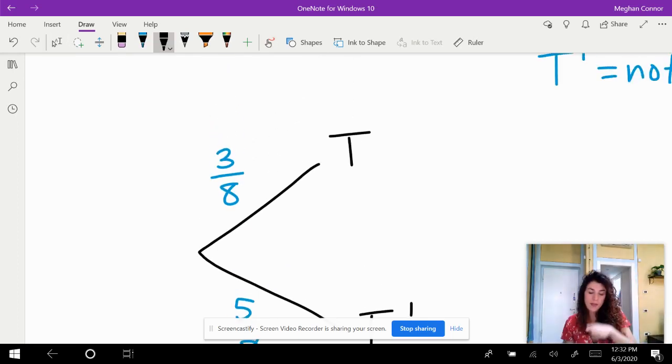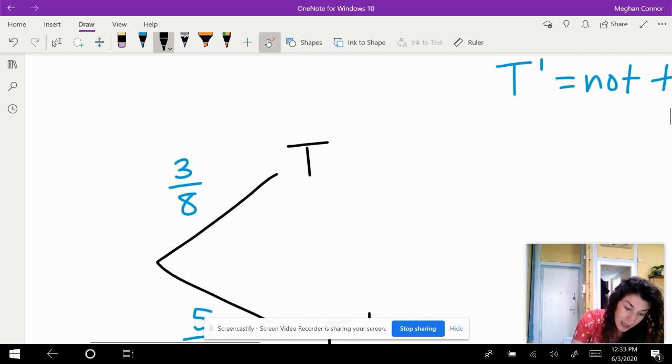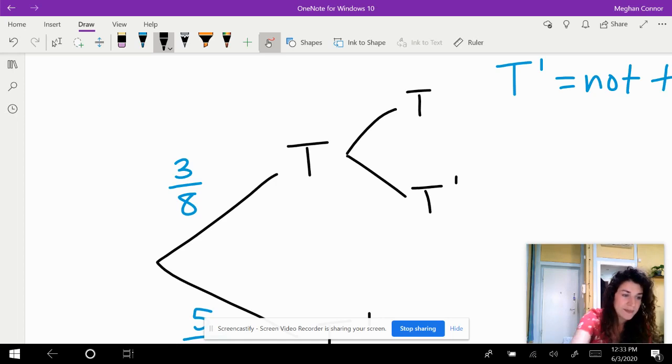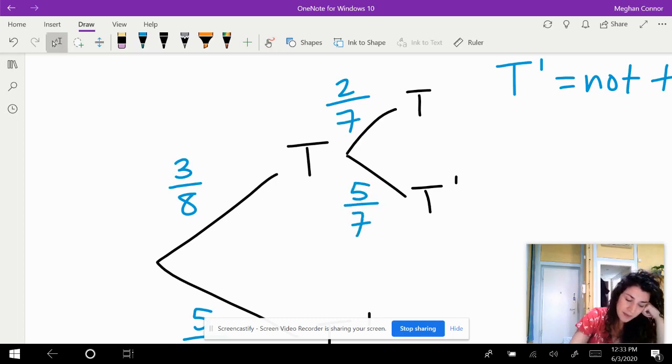Then if I went down the path of tripe, then we have 2 options for the second one. The second one could either be tripe or not tripe. And again, now we can find those probabilities. With the second one being tripe, that would then be 2, because there's only 2 left out of the total of 7, or still 5 left out of the 7.